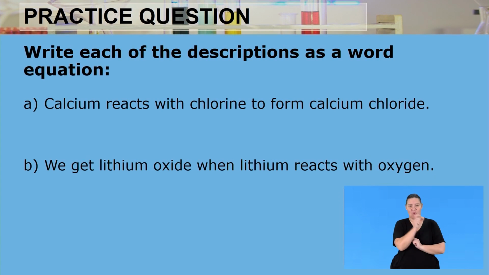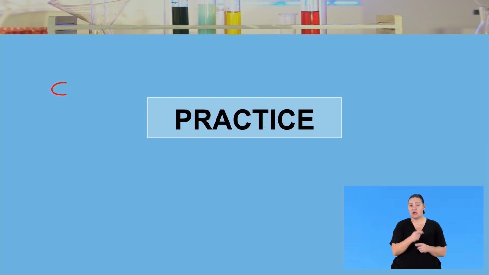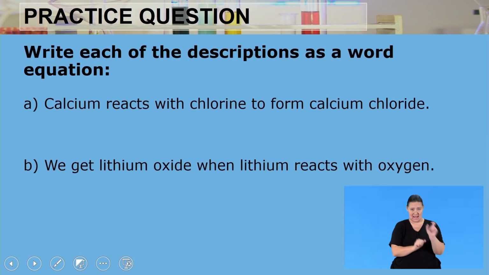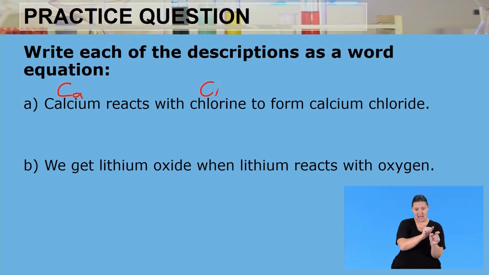We are given that calcium, and we know from the periodic table that calcium has a chemical formula of Ca. So calcium reacts with chlorine. Remember, chlorine is part of the diatomic molecule, so it's written as Cl2, to form calcium chloride. So we need to write this as a word equation.